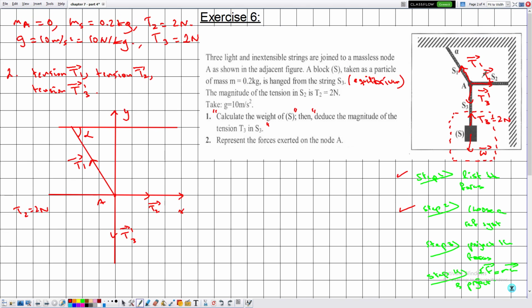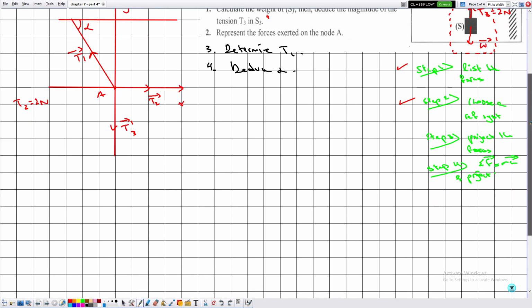Now here there are missing parts from the exercise, let me add them. Okay, part 3, let's say, determine T1, the magnitude of the T vector. Part 4, deduce alpha. Okay, so in order for the exercise to be complete. So we are also interested in applying Newton's second law.